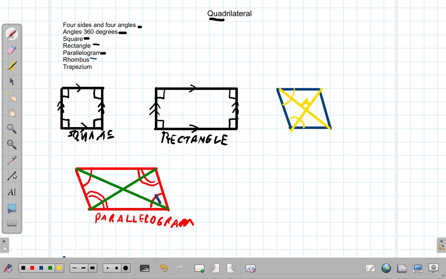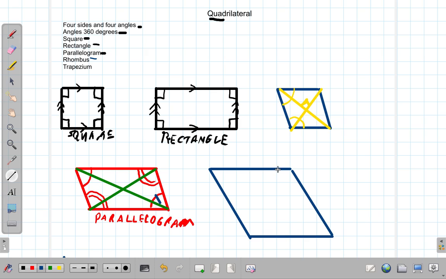Let me draw another rhombus, a bit more exaggerated than that. Have this itself as a rhombus, a bigger rhombus.